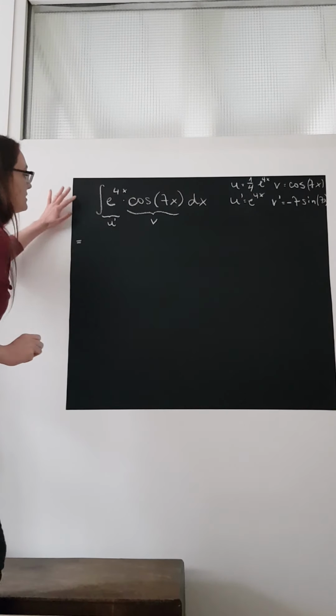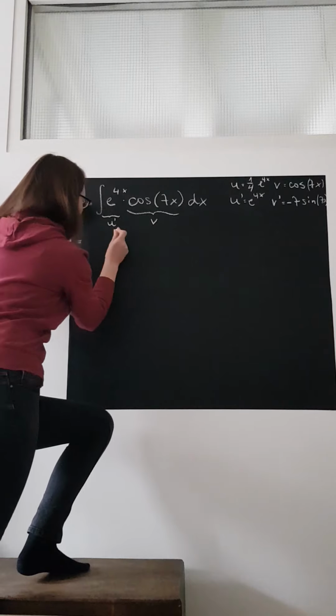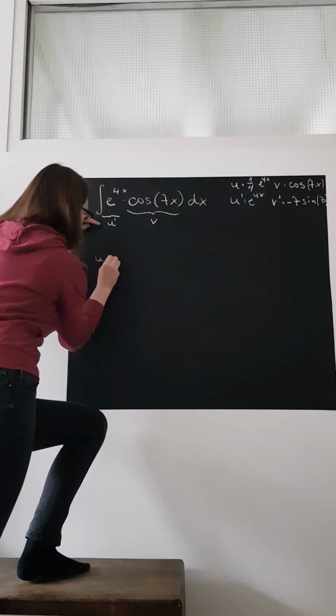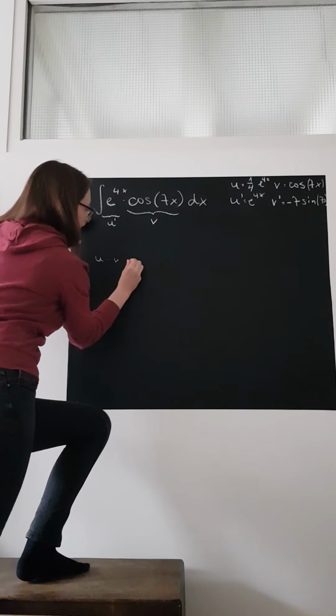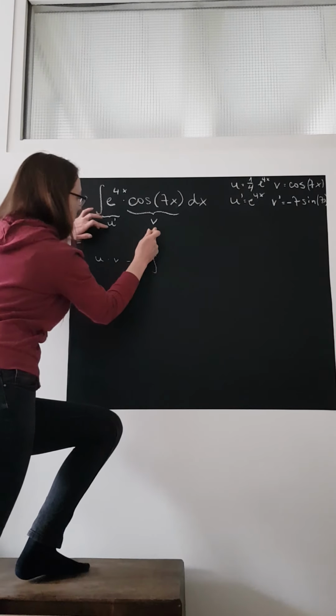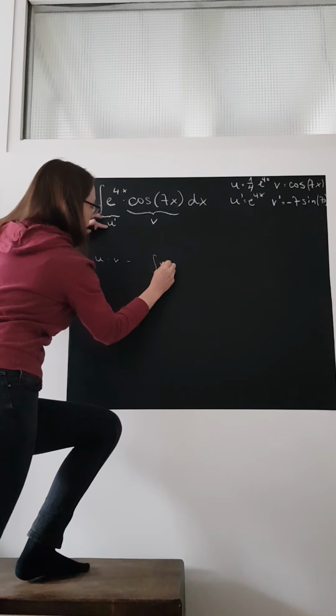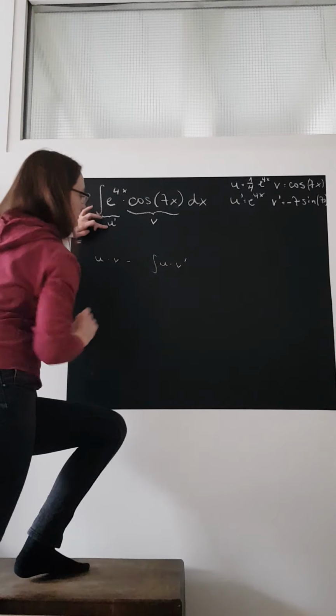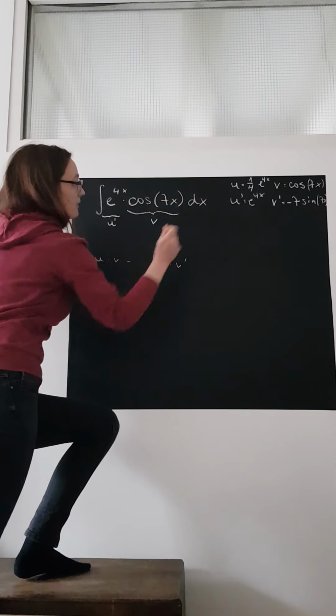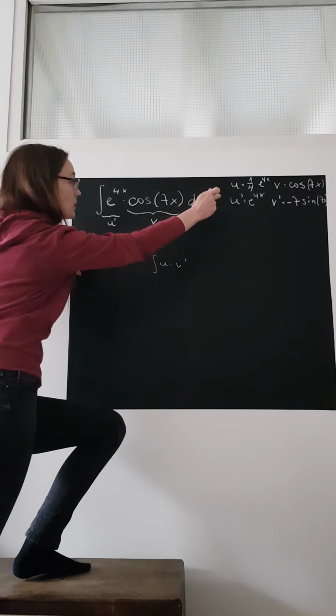And now, integration by parts, no matter what you called it, it's the two antiderivatives minus the integral the other way around, u times v prime. Now I use what I have and just copy.